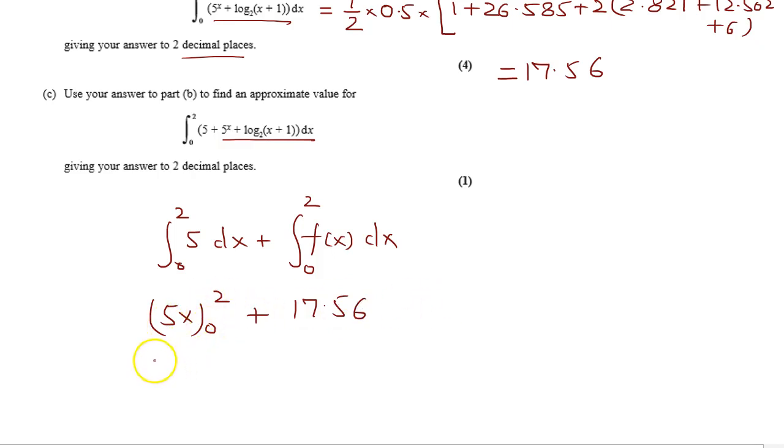So 5x gives 10 at the maximum value 2, plus 17.56. So that is 27.56, up to 2 places of decimals.